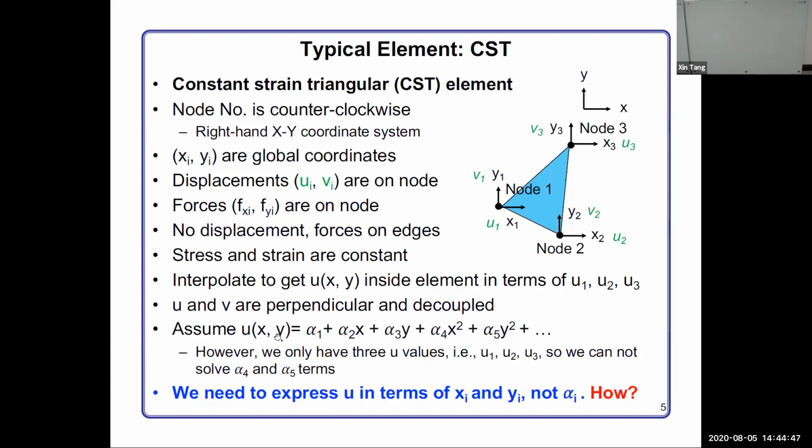What we are really interested in, and what we really have in hand, is the given displacements u1, u2, u3. So we would like to express the alpha terms in terms of u. We want to get the displacement field map in terms of the given displacements u1, u2, u3 at the nodes. How to do that?